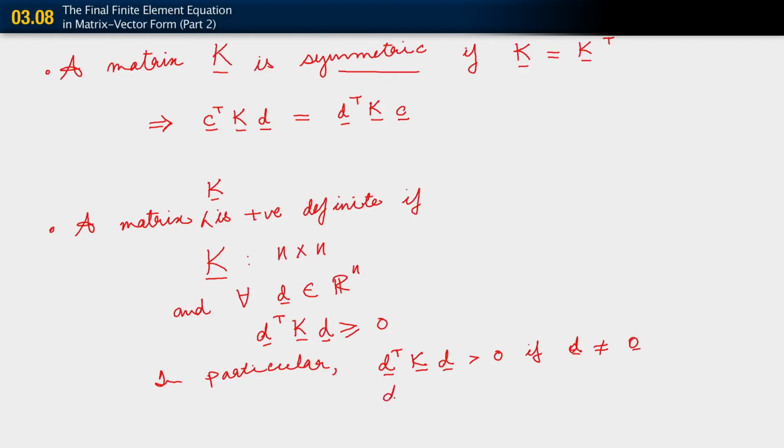And then what that means, of course, is that if K is positive definite, then D transpose KD equals 0 if and only if, so IFF means if and only if, D equals 0.